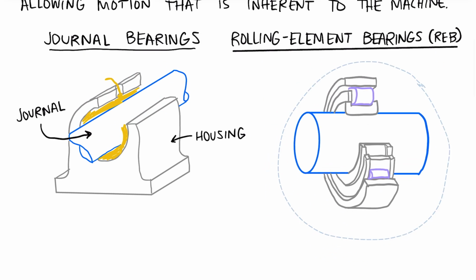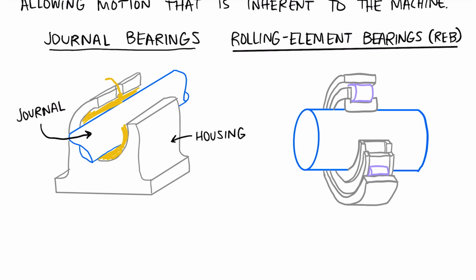Next, let's take a look at the anatomy of a rolling element bearing. A rolling element bearing has a journal also, but more commonly we just refer to this as the shaft. And then the rolling element itself consists of a few different parts. On the inside here, there's a ring that is fit onto the shaft, and that is referred to as the inner race.